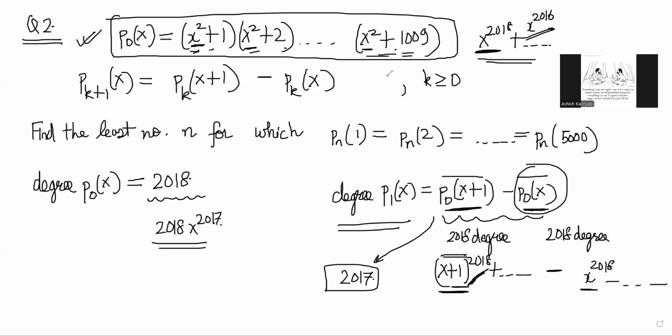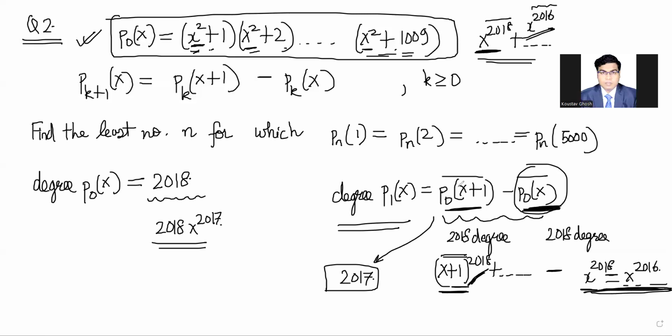Do you understand why the next term has power 2016, not 2017? Yes, sir, because it is coming as a square. So you will never have odd powers. It will always be 2018, 2016, 2014, and so on, right? So when you do P0 of x subtraction, you will have only 2016 as the next term, right?